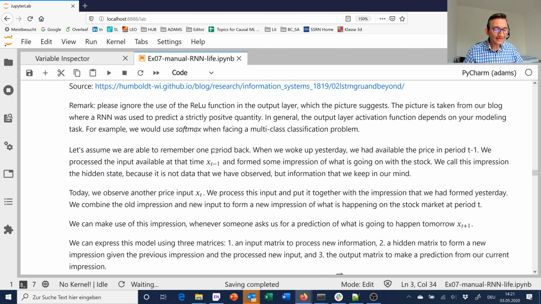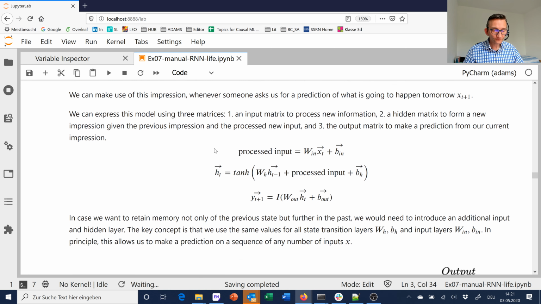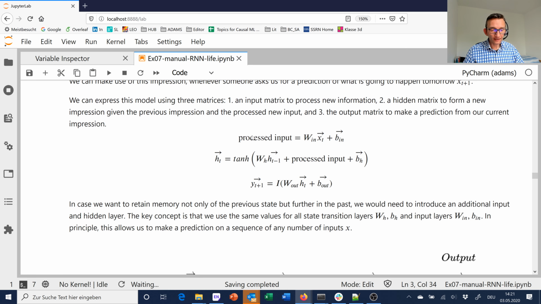Anyways, let's try to look at the math again. We need to calculate the preprocessed input resulting from multiplying the input with the weights and adding a bias. With that preprocessed input, we can update our hidden state, taking account of the previous hidden state and adding a bias.